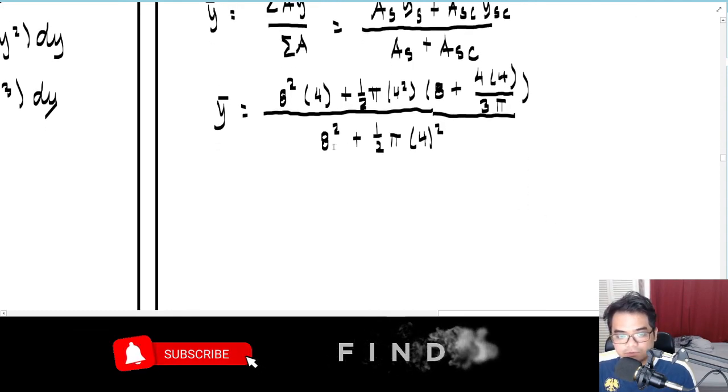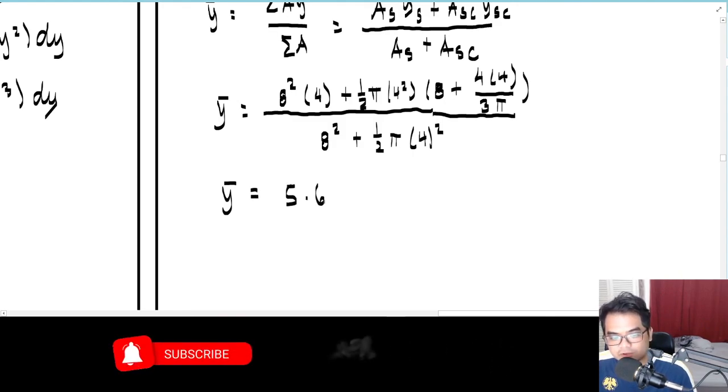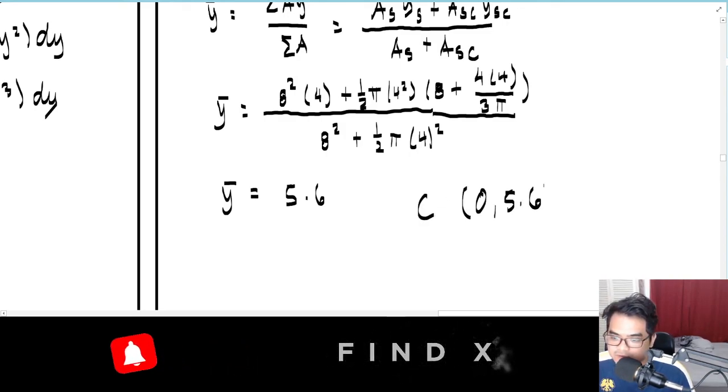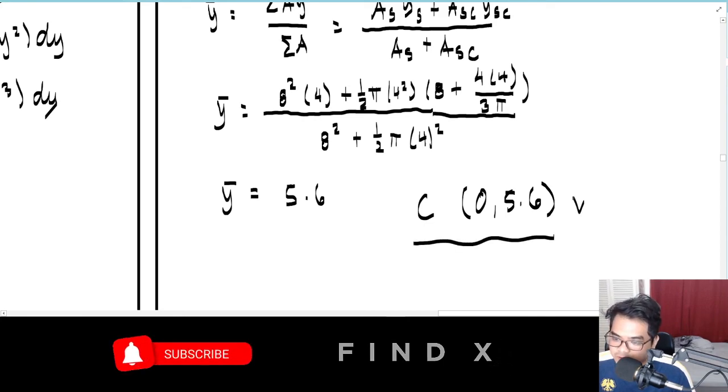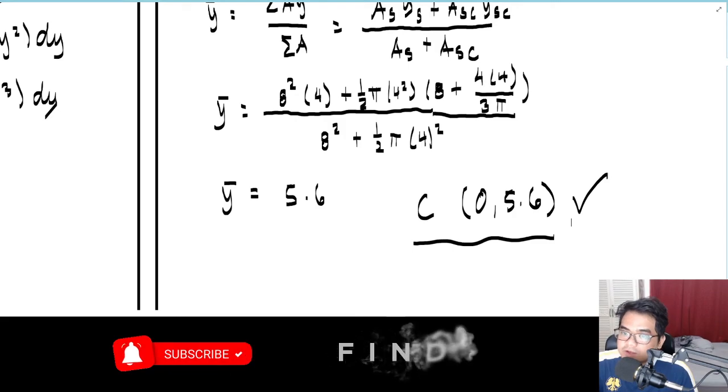If you use your calculator, you will get 5.6. Therefore, the centroid of that figure will just be 0, 5.6. So this will be your answer. Let's get into the next topic.